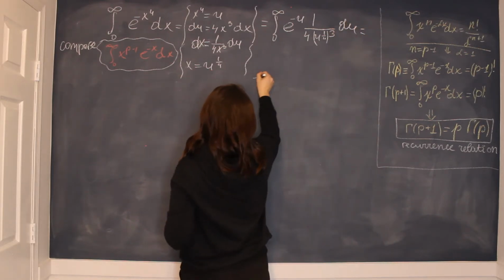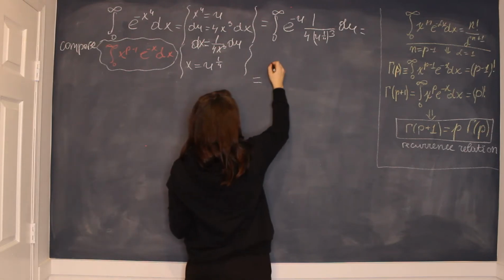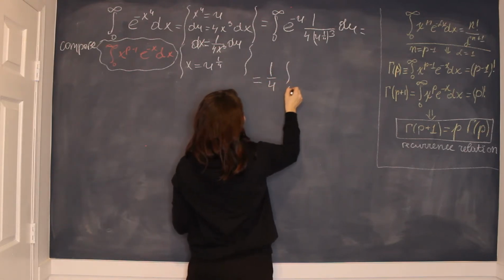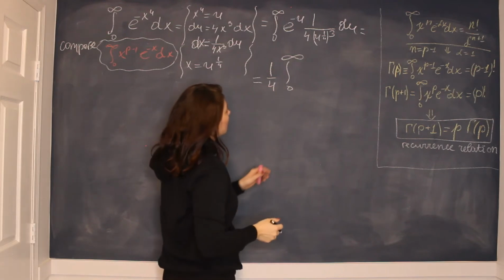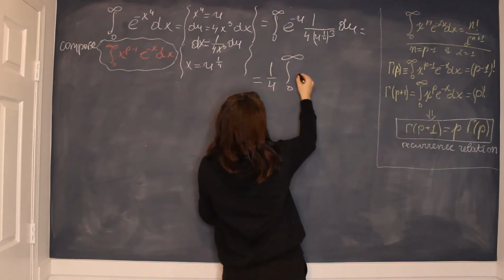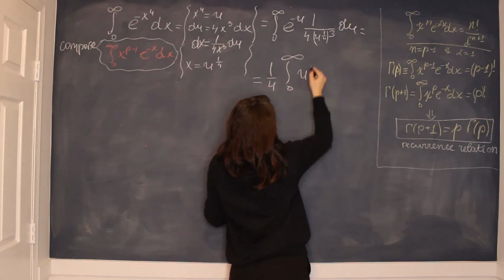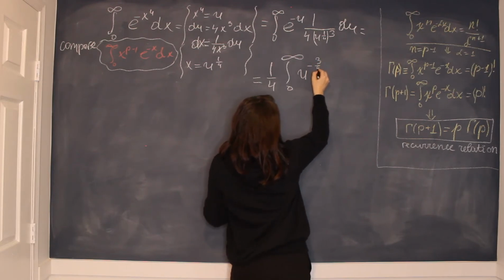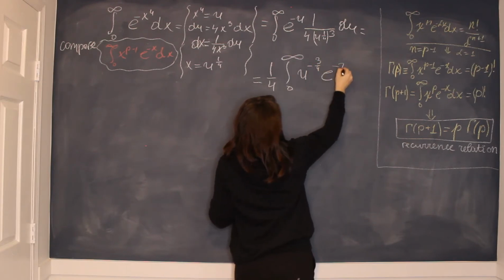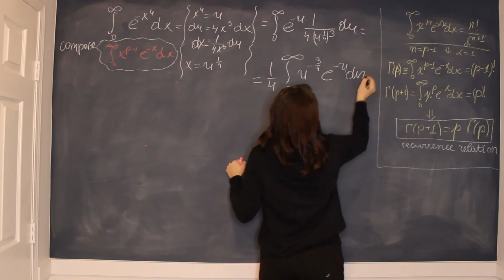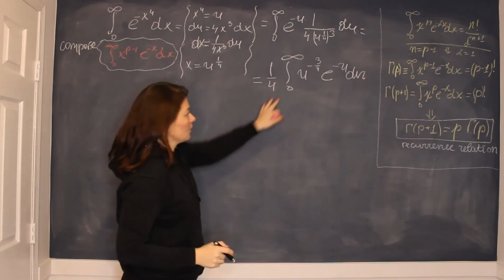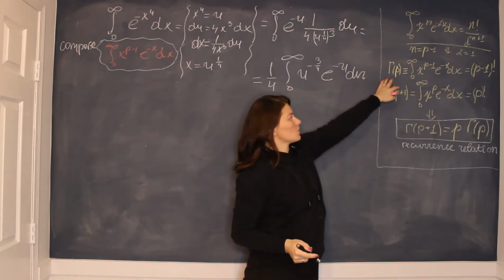To simplify this expression, let's take 1/4 out. Integral 0 to infinity, and then we have u to the power of minus 3/4 e to the power of minus u du. Now this looks pretty much like this.